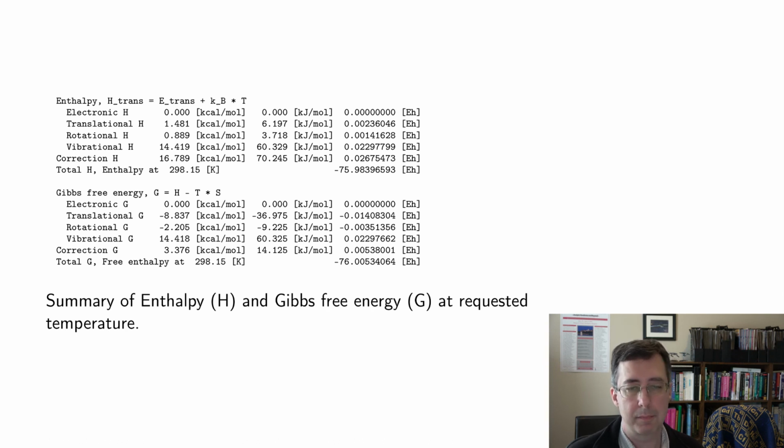And then I add all that up and get an enthalpy at whatever temperature I tell the program I want. Normally they'll default to 298 K. And then we can also compute an entropy and then subtract that times the temperature from the enthalpy to get the Gibbs free energy, and you see that as well.